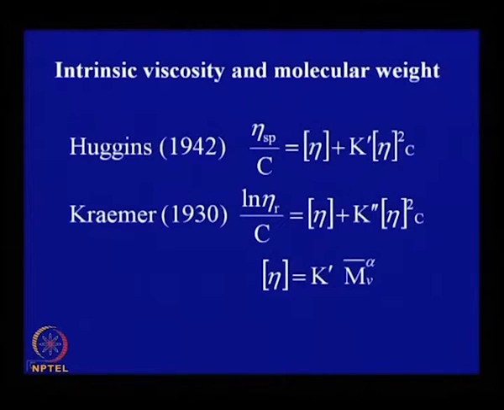Then in that case you have these M V bar values, then you measure the intrinsic viscosity of that polymer sample. From there you can calculate this K prime and alpha. So, this way K prime and alpha values have been evaluated for one polymer-solvent system.